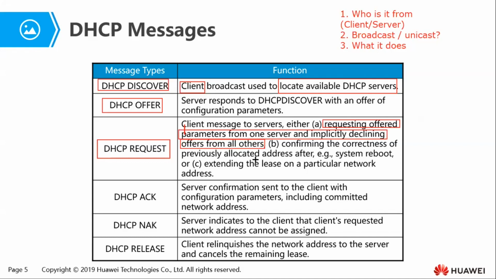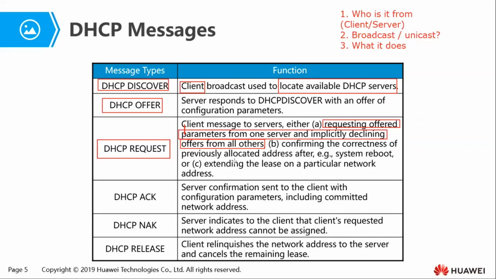So you've received offers from DHCP server 1 and DHCP server 2, and you send out a DHCP request, which is a broadcast in this case, telling the other server, hey, I'm taking parameters from server 1 and not server 2. That's the first instance on which you can send a DHCP request.